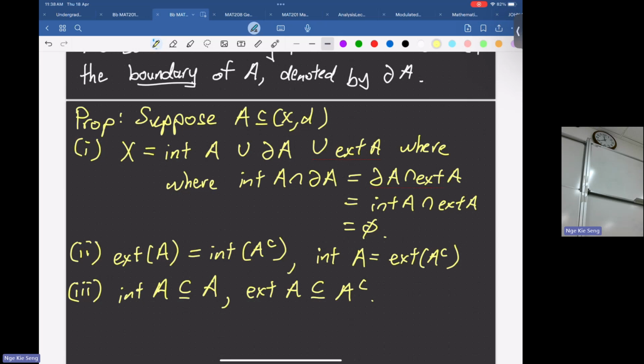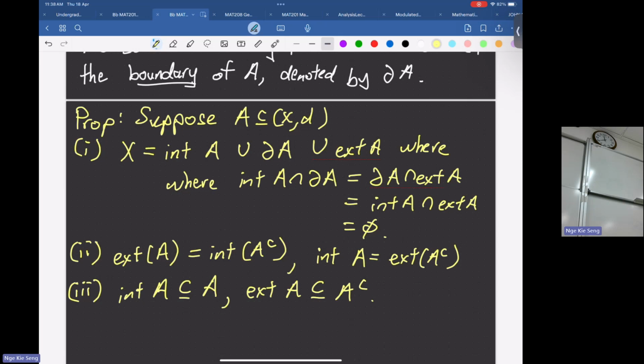You have an open ball around you which is completely in A. Can this kind of point exist in the boundary? In the boundary, any ball you make around it must contain at least one point outside and one point inside. But in A, there's one ball that cannot do that already. So it doesn't work.